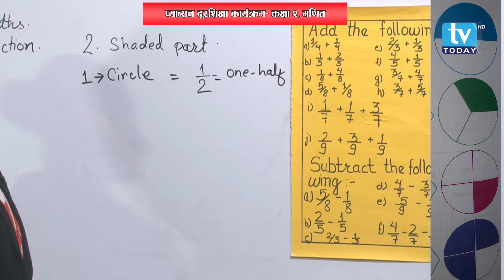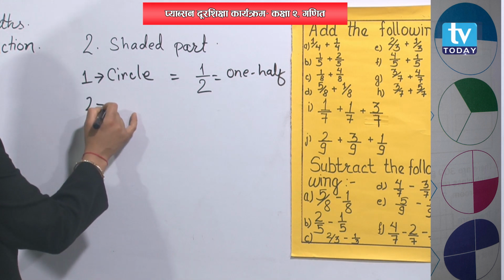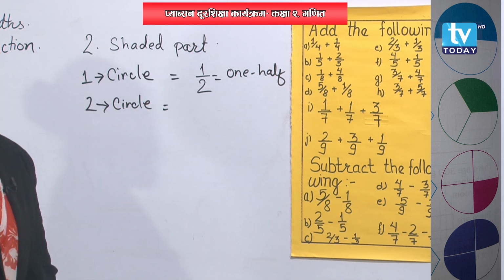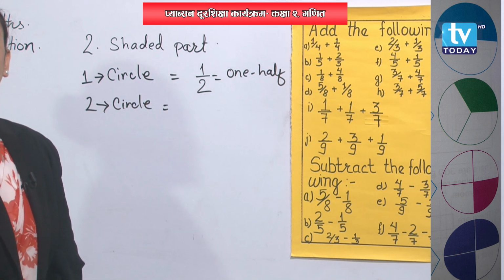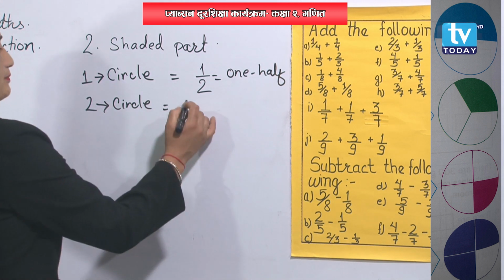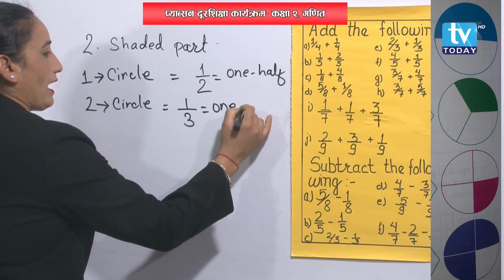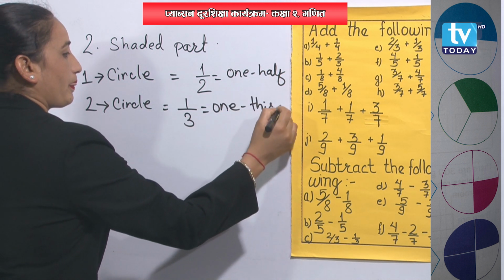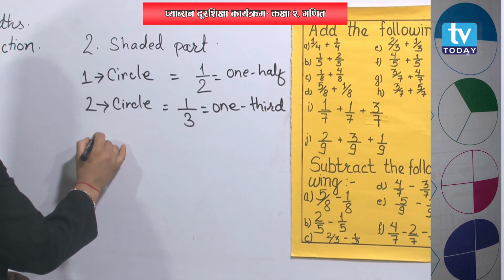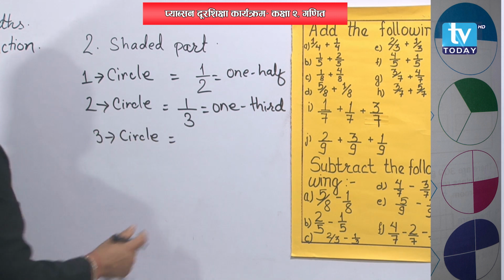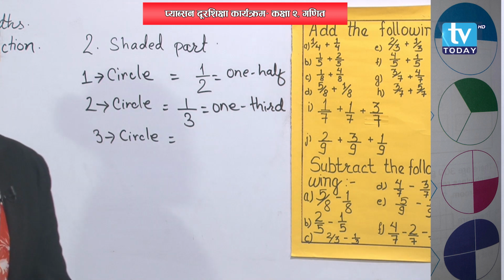Right, students? Now, the second circle is divided into 3 parts. Out of 3 parts, 1 part is shaded. We call it 1/3. Okay, now the third circle. How many parts are there?